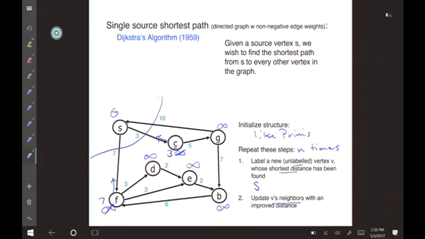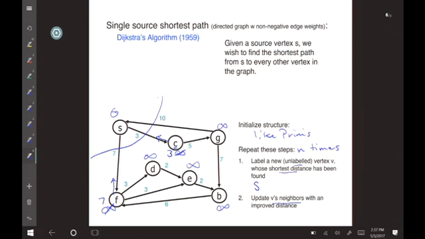Maybe for this graph, but we don't know for sure because there could be a way to get to F through C, right? But we know we have found the shortest distance to C because all the other known distances are already longer.